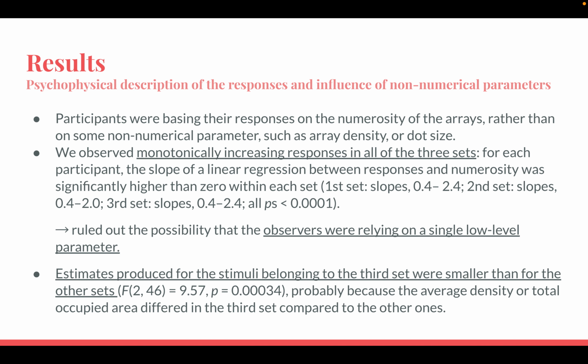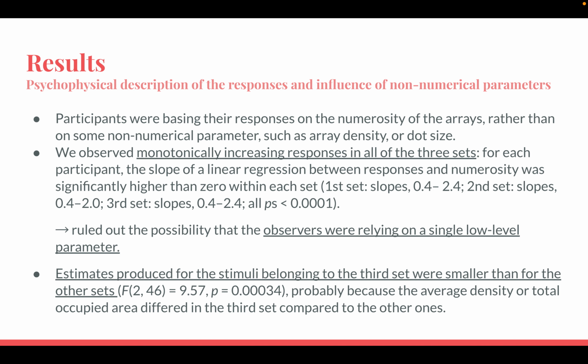On the contrary, we observe monotonically increasing responses in all of the 3 sets. For each participant, the slope of a linear regression between responses and numerosity was significantly higher than 0 within each set. The results rule out the possibility that the observers were relying on a single low-level parameter.